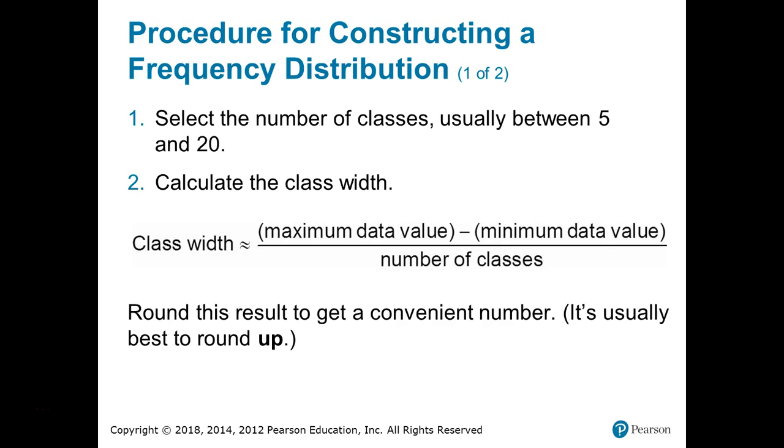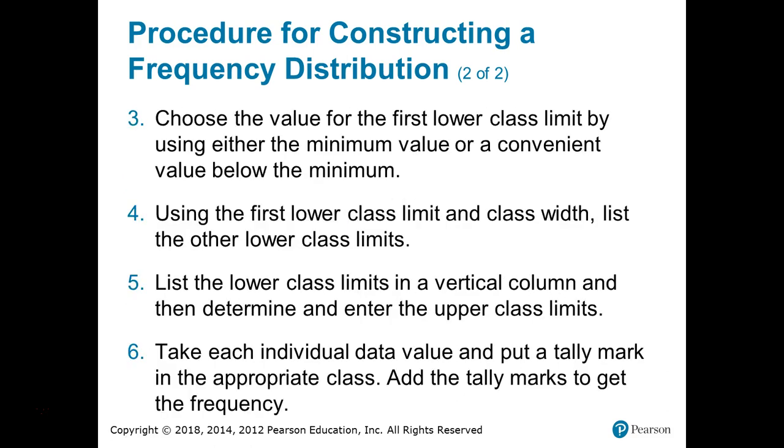So we're going to take the maximum data value minus the minimum data value, and then divide that by the number of classes I selected in step 1. We want to get a convenient number, so it's usually best to round up. Meaning if you do this and you get a class width of 4.5, well, that's kind of an ugly number. So round it up to 5, for example.